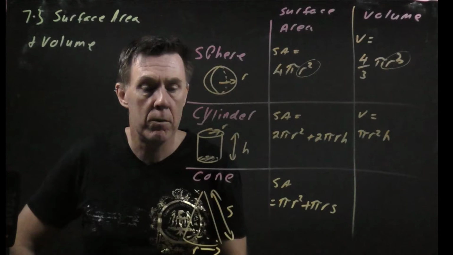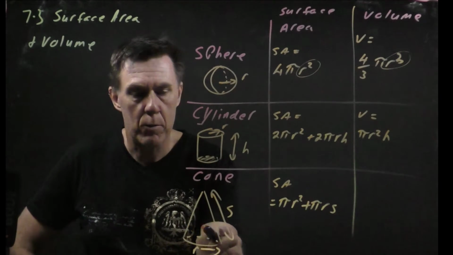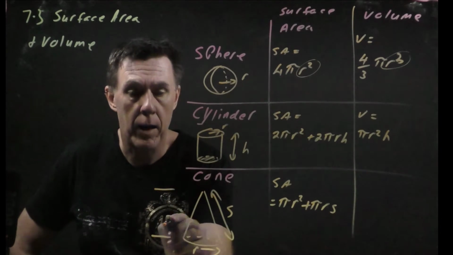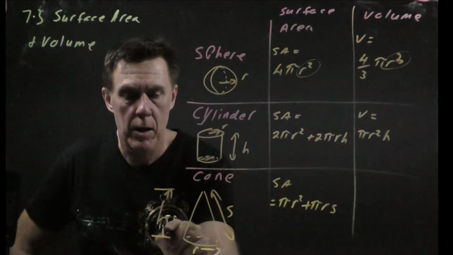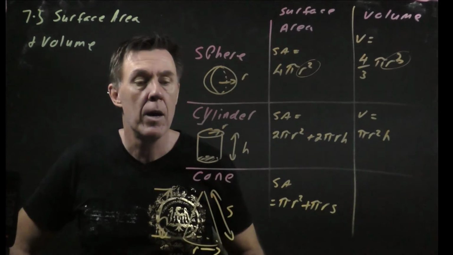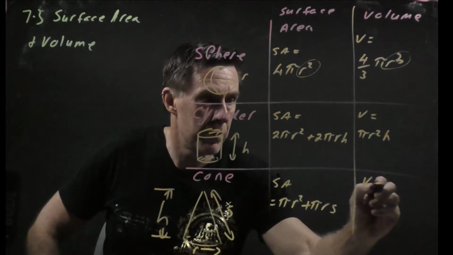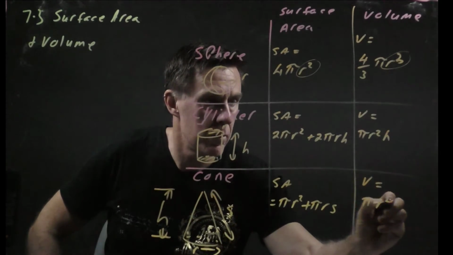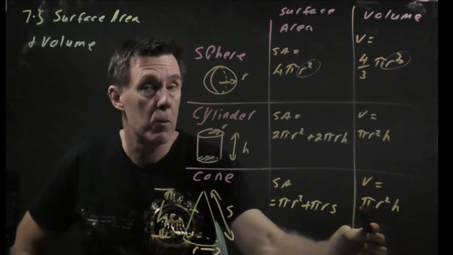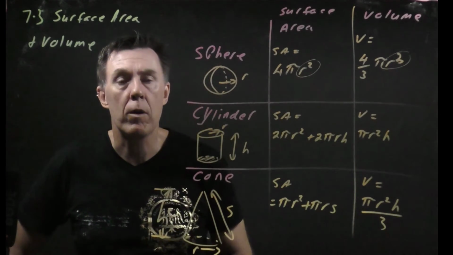Volume of a cone. Now, anything that's pyramid in shape, pyramid's got some sort of base, comes to a point. So here, we need to know that height. Now, for a cone, it's exactly the same formula as the volume of a cylinder, but anything that's pyramid in shape is exactly the same formula as its appropriate prism, but divided by 3.